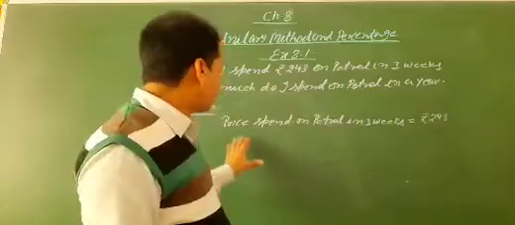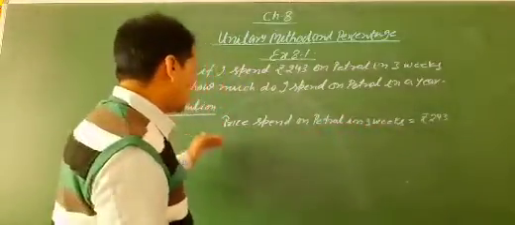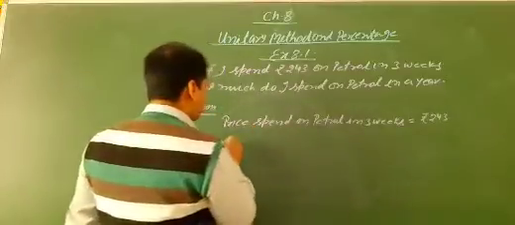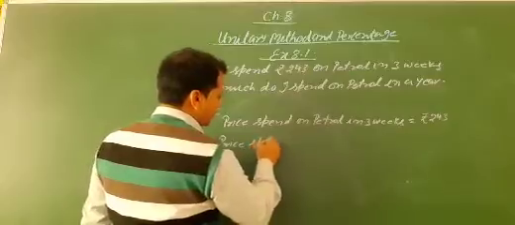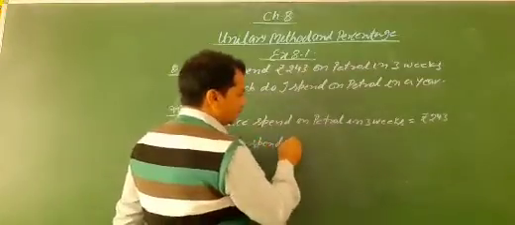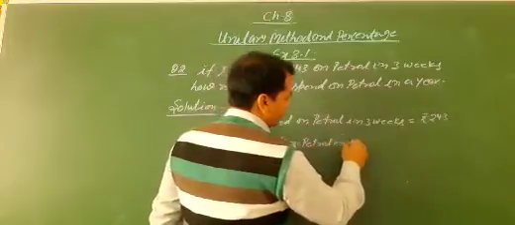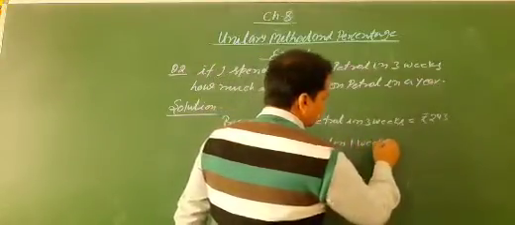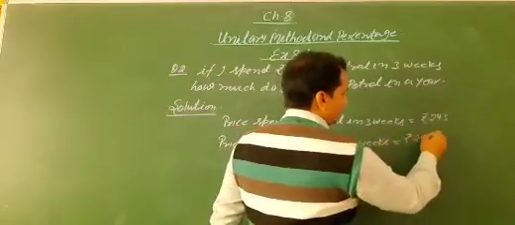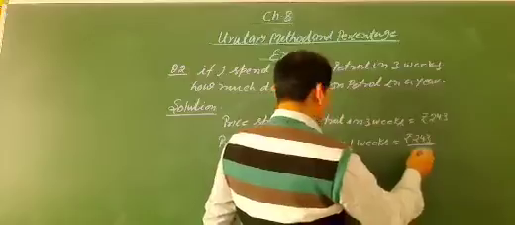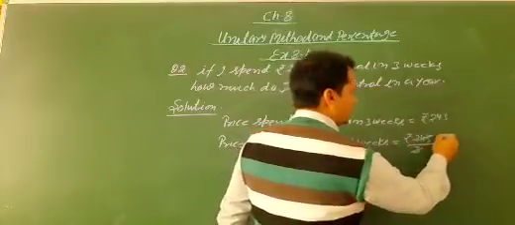So it is clear that from the price spent on petrol in 3 weeks, the price spent on petrol in 1 week is equal to 243 by 3, that is 81.